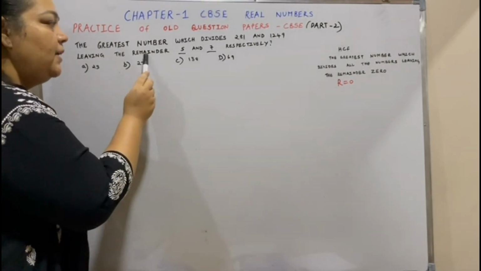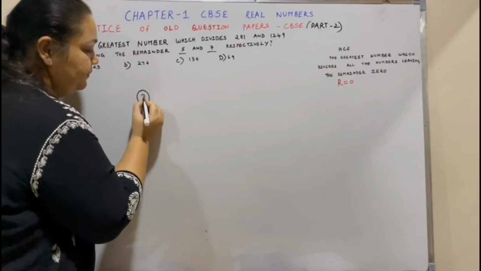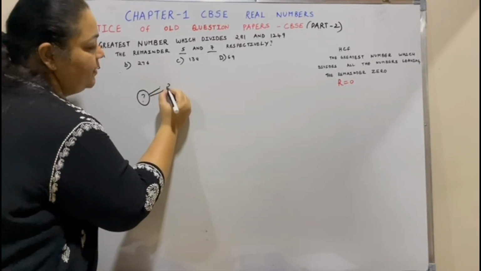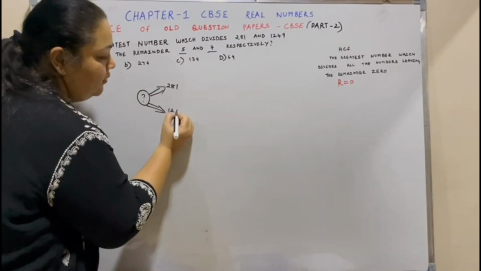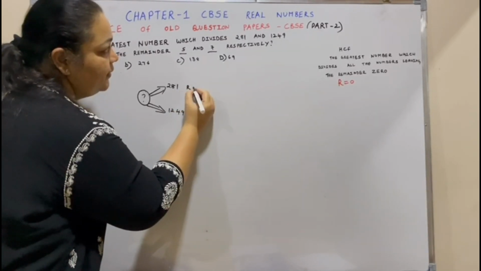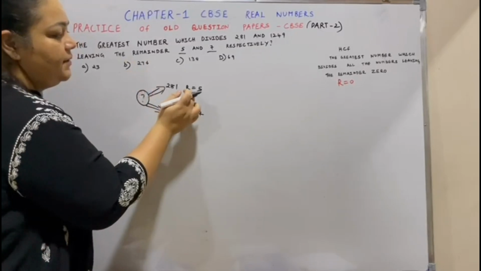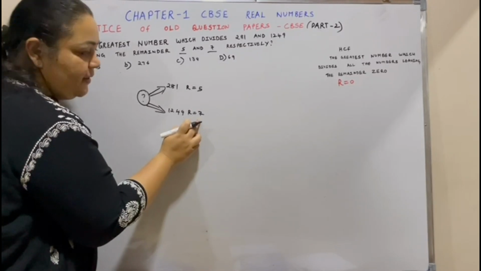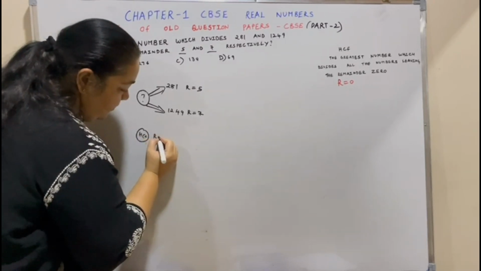But here they are saying leaving the remainder 5 and 7 respectively, so for 281 it leaves 5, and for 1249 it leaves a remainder 7. But when we want to find the HCF, the remainder should be equal to 0.